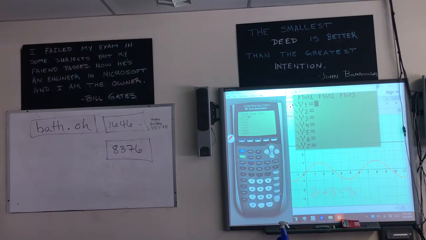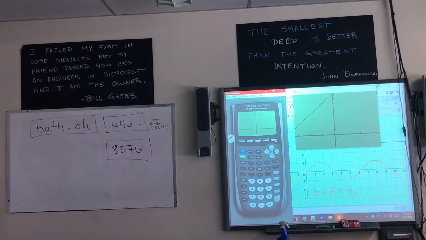Okay, if I wanted to find that, obviously you guys can do that work, right? It would be 8/7 would be x, okay? But if I go through and just say 2x plus 8 in y1, jump down to y2, and type in 9x, and then I hit graph.